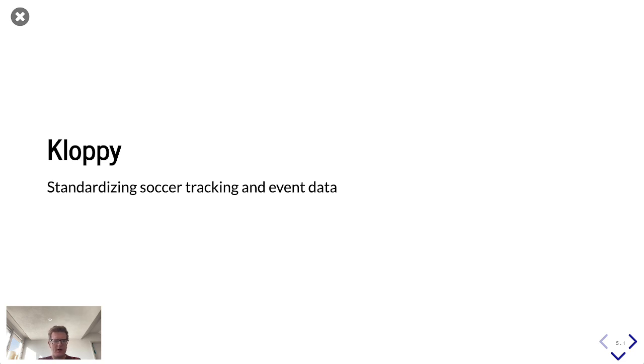So that's where Kloppy started. It's a library which you can use to read all kinds of tracking data and event data. It will be standardized, and in your own code you don't have to think about the actual source or the vendor.